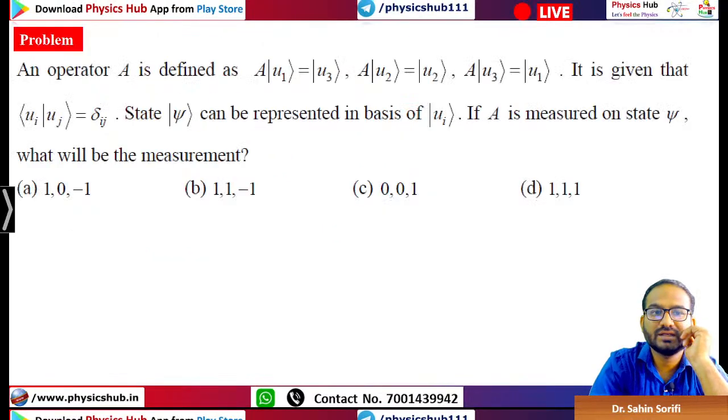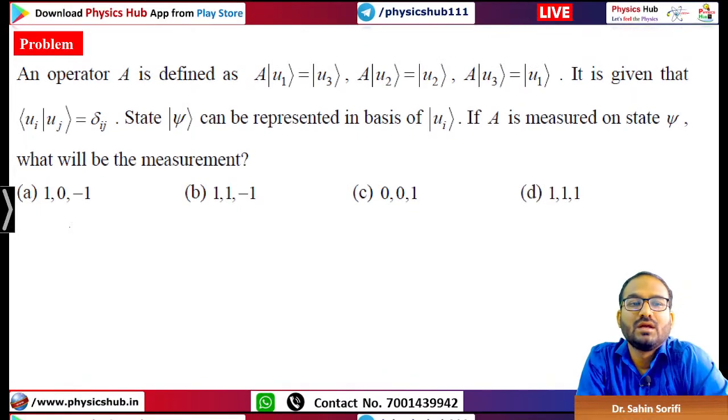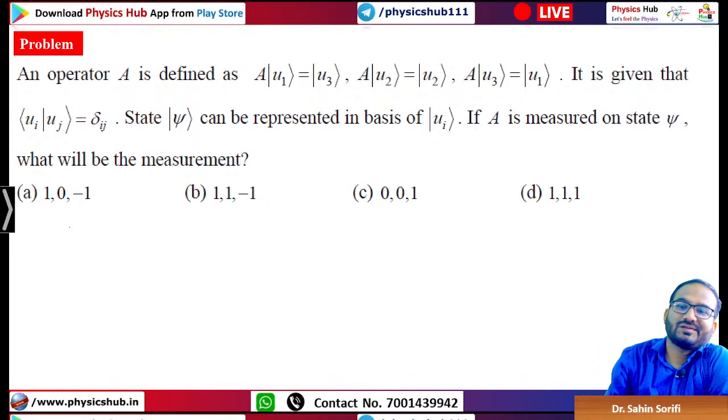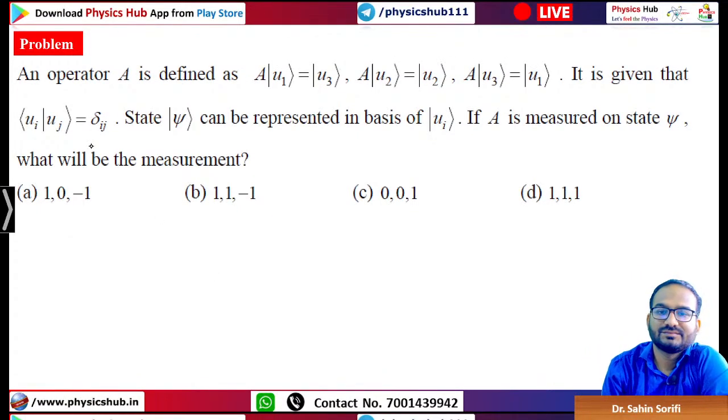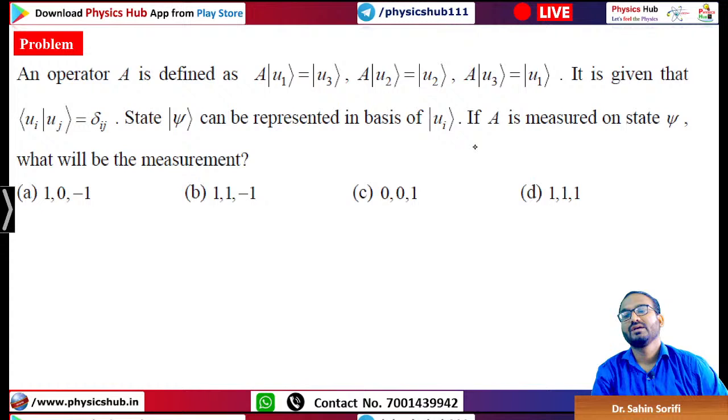Let's go for the next problem. An operator A is defined as this. It is given that ui, uj is delta ij, and state psi can be represented in the basis of ui. If A is measured on psi, what will be the measurement? So we have done exactly this problem; we have already calculated A. Now if A is measured on state psi, what will be the measurement?